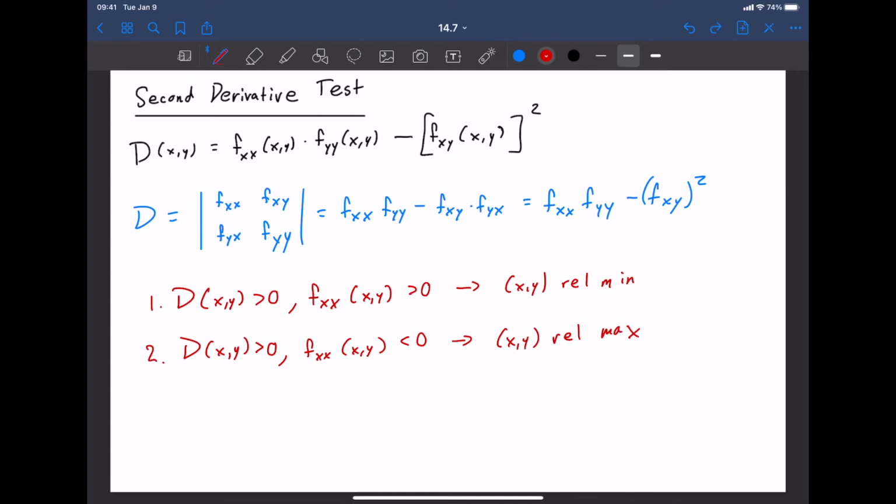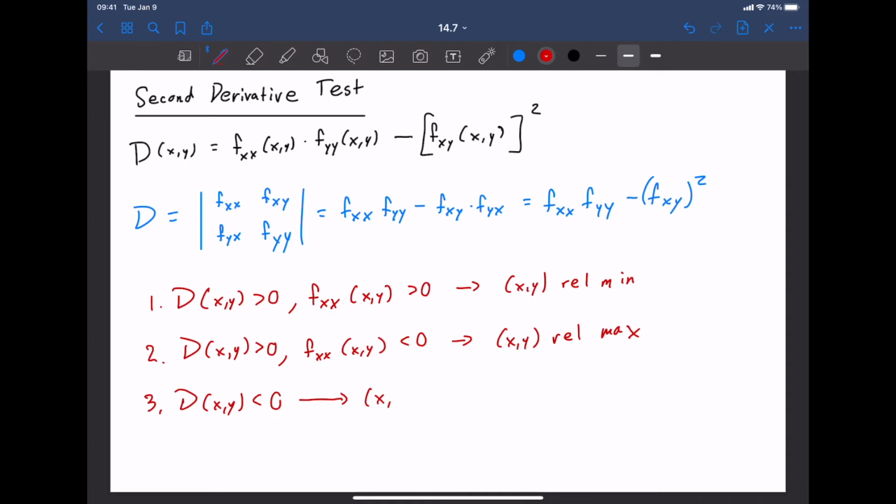So these 2 cases ignored, what happens if that Hessian matrix is itself negative? So maybe these had opposite signs, and then we're subtracting something that's always a square, so it's always positive. So if we had opposite concavity in the x and the y direction, we don't have to check either one of them individually.